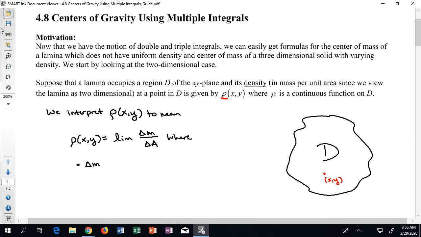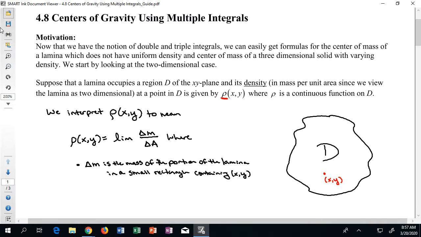Here we'll say that delta m is the mass of the portion of the lamina in a small rectangle containing x comma y.